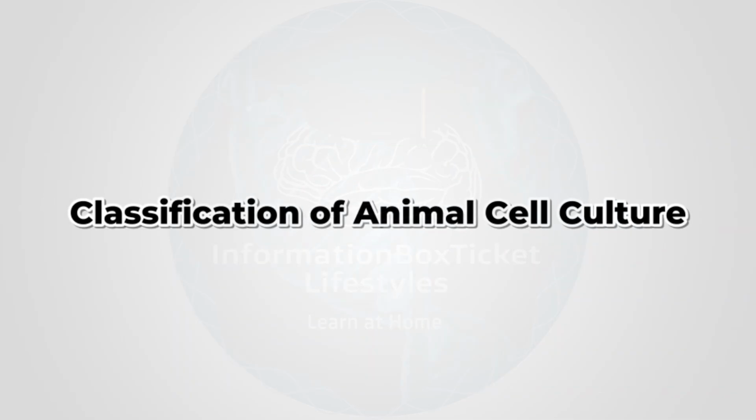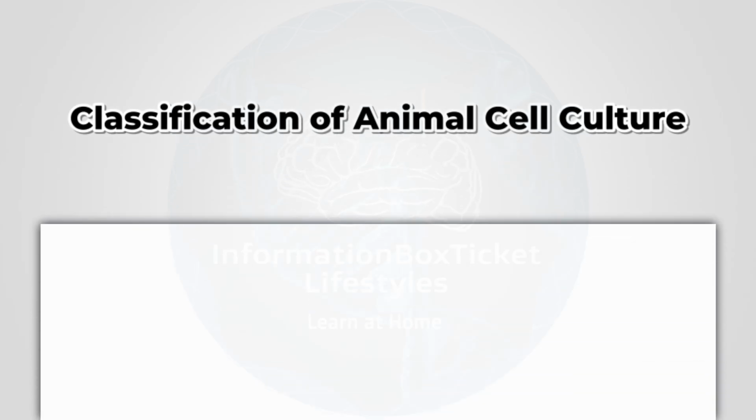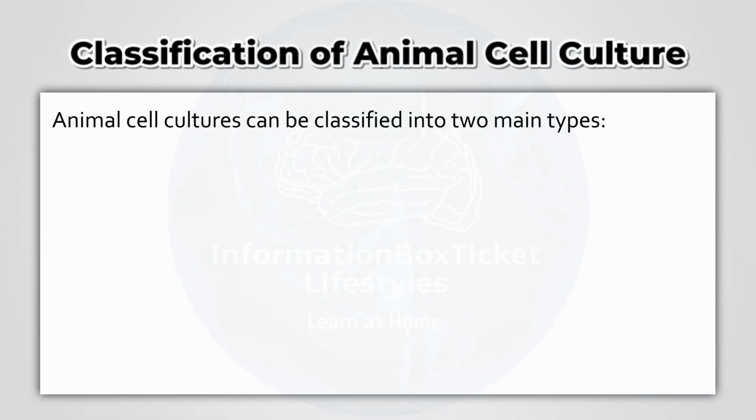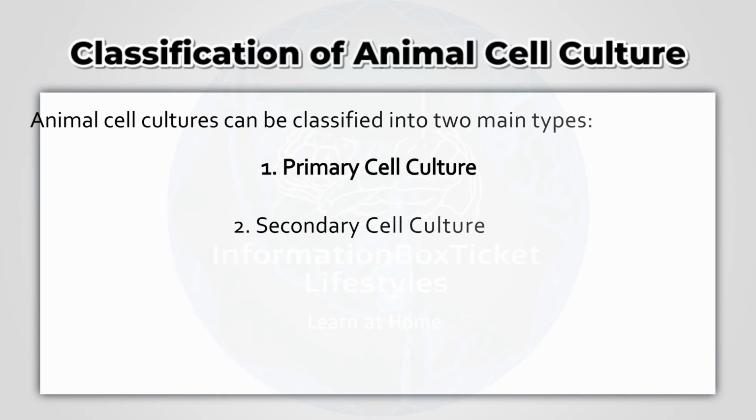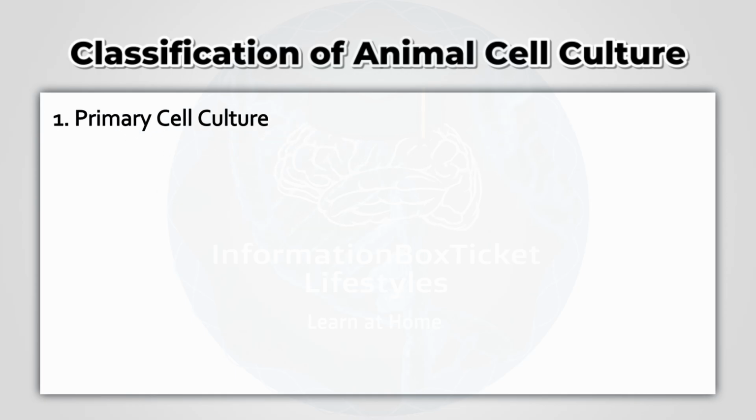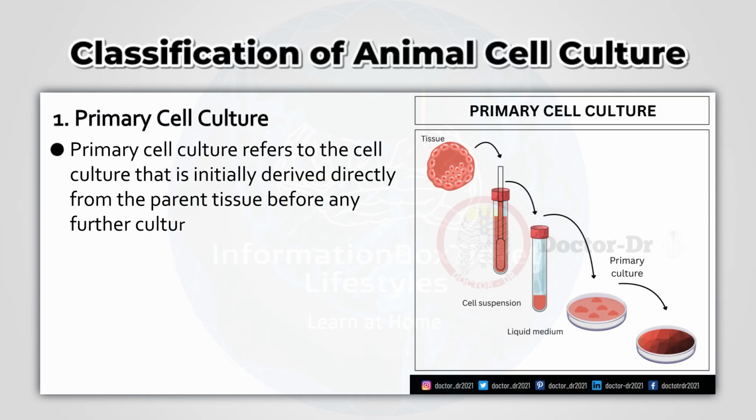Classification of animal cell culture. Animal cell cultures can be classified into two main types. 1. Primary cell culture. 2. Secondary cell culture. 1. Primary cell culture. Primary cell culture refers to the cell culture that is initially derived directly from the apparent tissue before any further culturing in vitro.